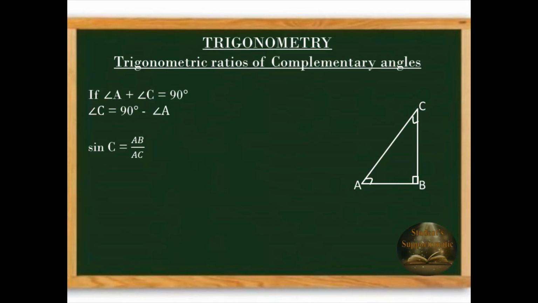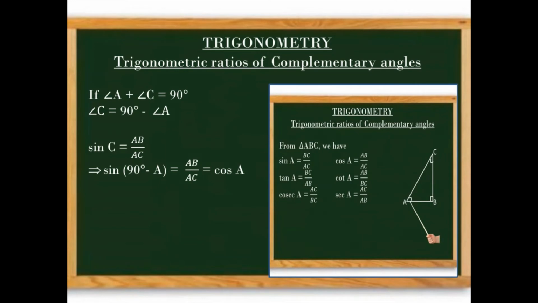C is 90 minus angle A. So sine of 90 degrees minus A, substituting the value of angle C, is equal to AB by AC. But previously we have written that AB by AC is cos A.